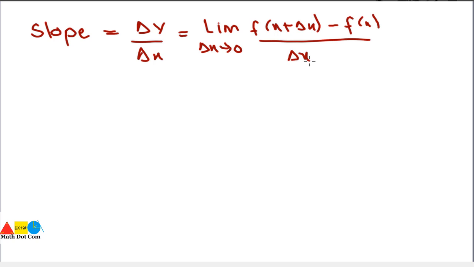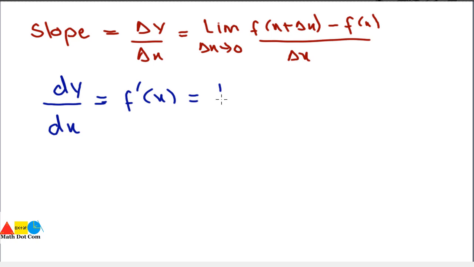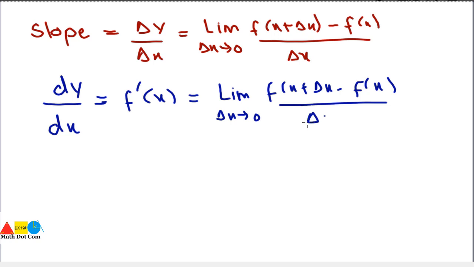Now this is basically the slope of the tangent. That is basic. Slope of the tangent is the derivative of the given function. So it can be written as dy by dx. That can also be written as f dash of x equals limit of del x approaches 0 of f of x plus del x minus f of x divided by del x.